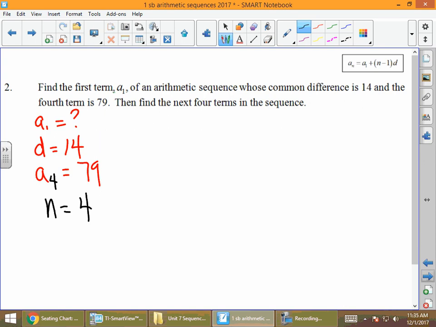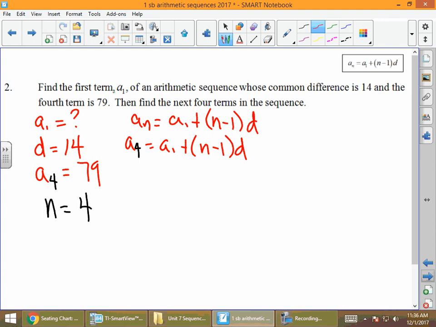So when we go back and fill in this formula of a sub n equals a sub 1 plus n minus 1 times d, what we're really filling in is a sub 4 equals a sub 1 plus n minus 1 times d. Because we know a value, we have to work backwards to figure out what a sub 1 is.